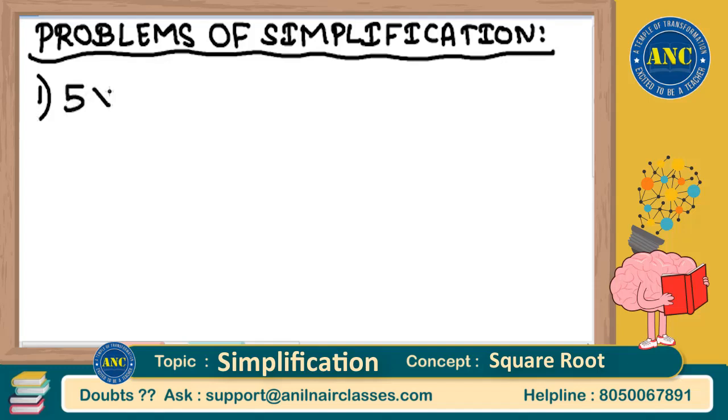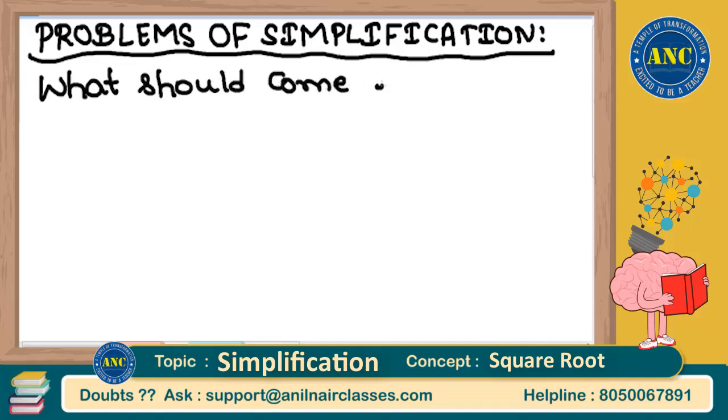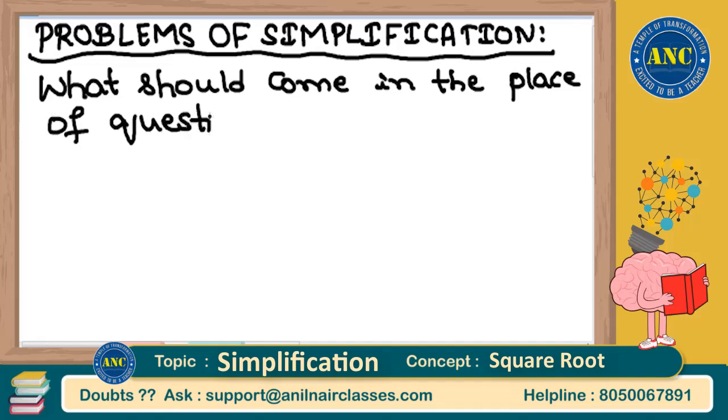First question is 5 into question mark. First of all, what is the variety of questions which we are discussing as of now? The question heading is: what should come in the place of question mark? Like this only it will be given in your examination.